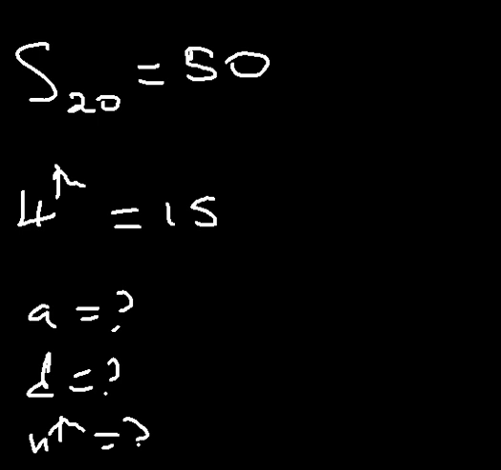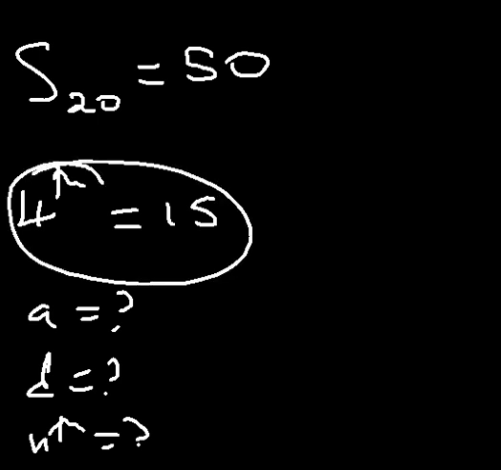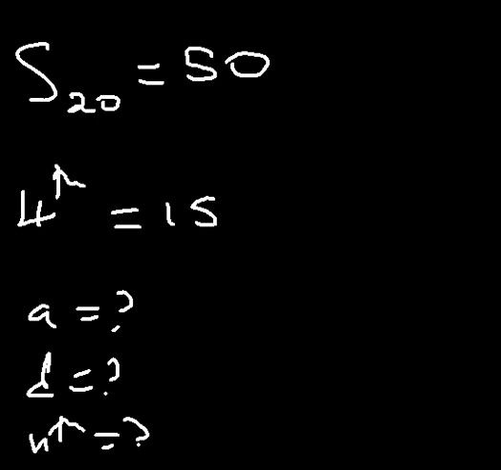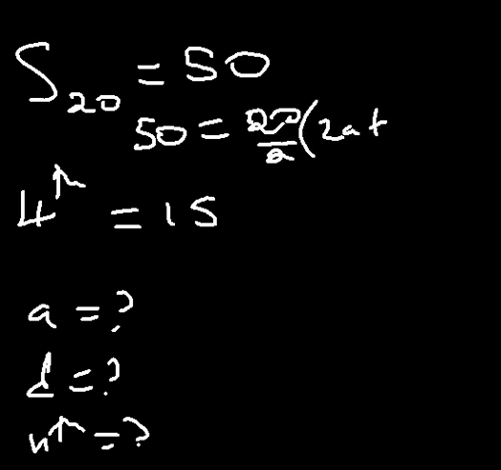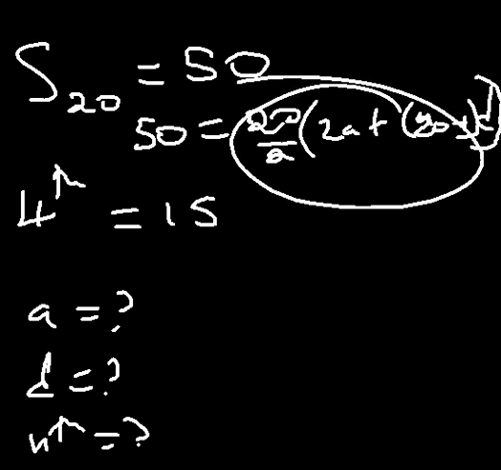Well, in this case we use the formula for the sum of terms, the sum of 20 terms, which is 50. We'll have 20 over 2 times 2a plus 20 minus 1 times the common difference, and that gives you the first equation.